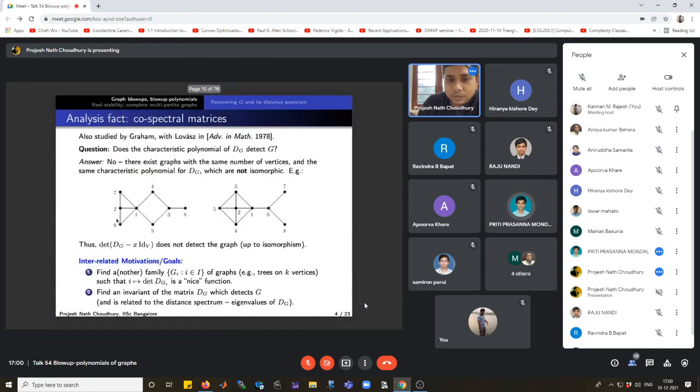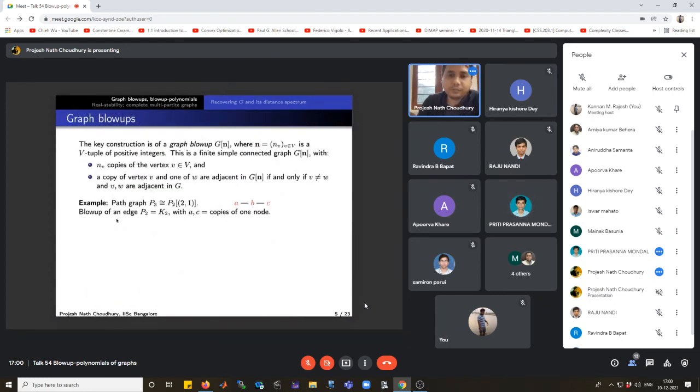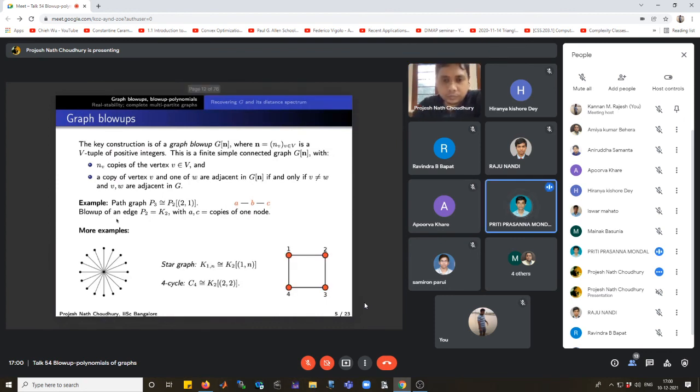Here this is a 4-cycle, and next you are showing the determinant.